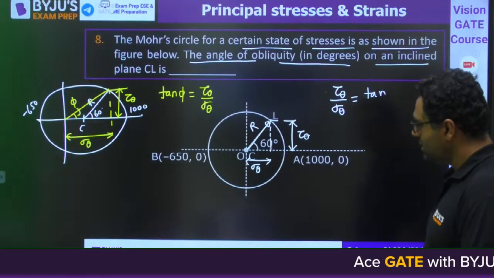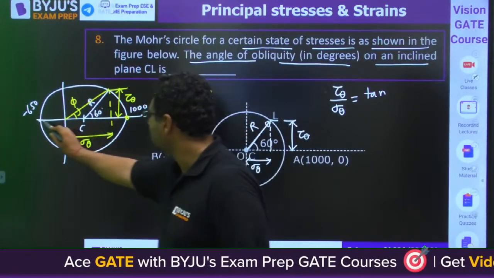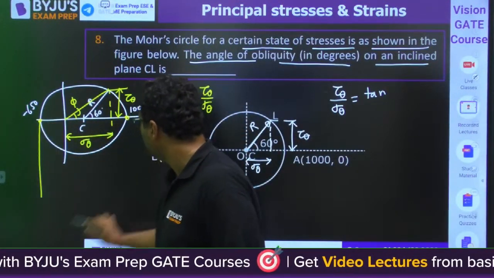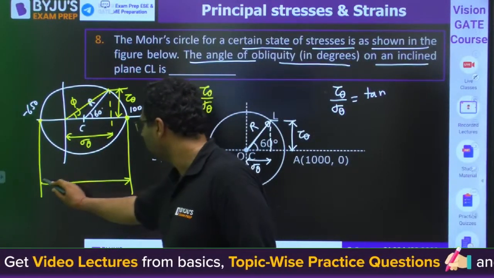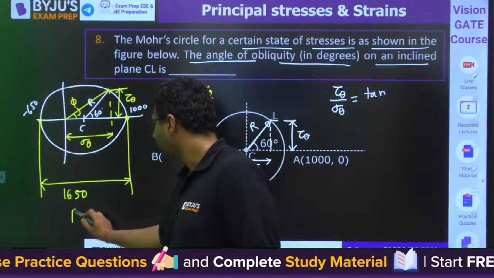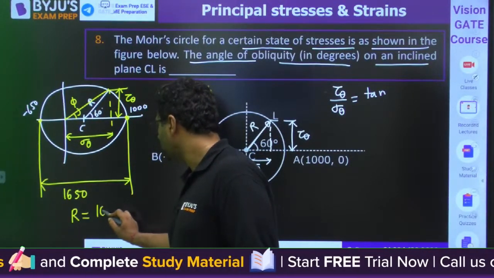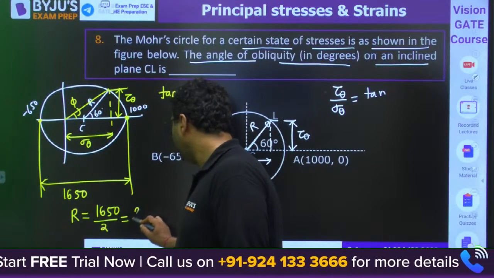Okay. So if you see this value as 1000, this value as minus 650, you can find out the diameter as 1650. Radius will be 1650 by 2, 825.